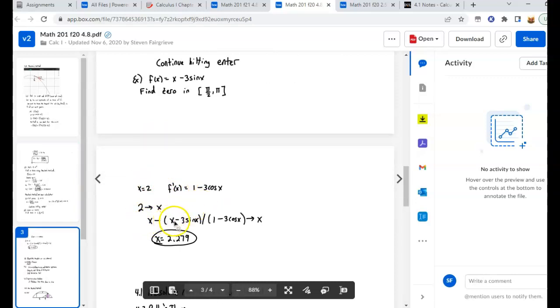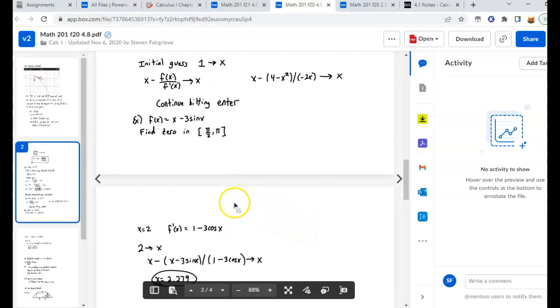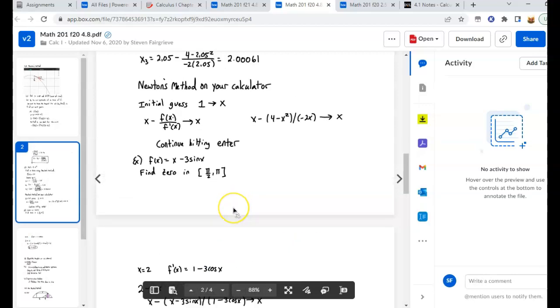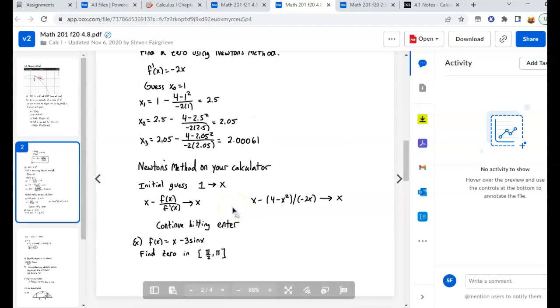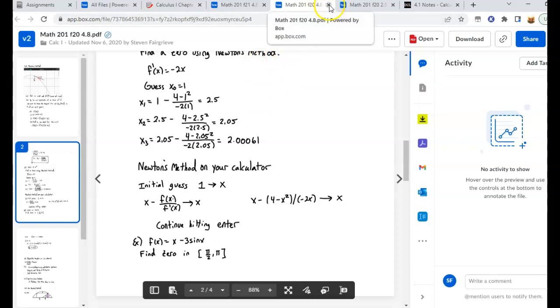X minus f of x divided by f prime of x, right? I can see the setup and the result. I will look at your work and correct that, if there's an issue with the computer and how it's grading it. So, there'll be one question with Newton's method, and it'll be like what you have on your practice problems.